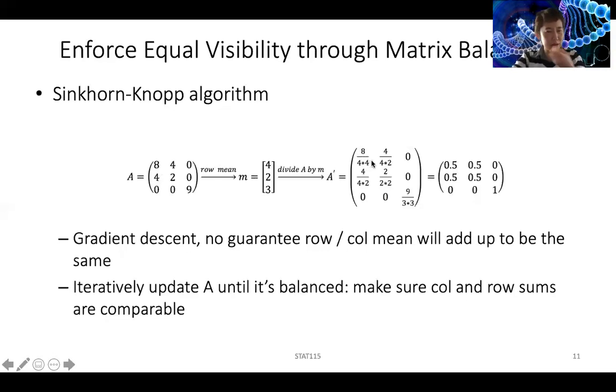Does that make sense? And so this way, you want to make sure at the end, the columns and rows are more or less comparable. That's how you want to kind of normalize it. And you kind of iterate this until at the end, the row sums and column sums are more or less comparable.